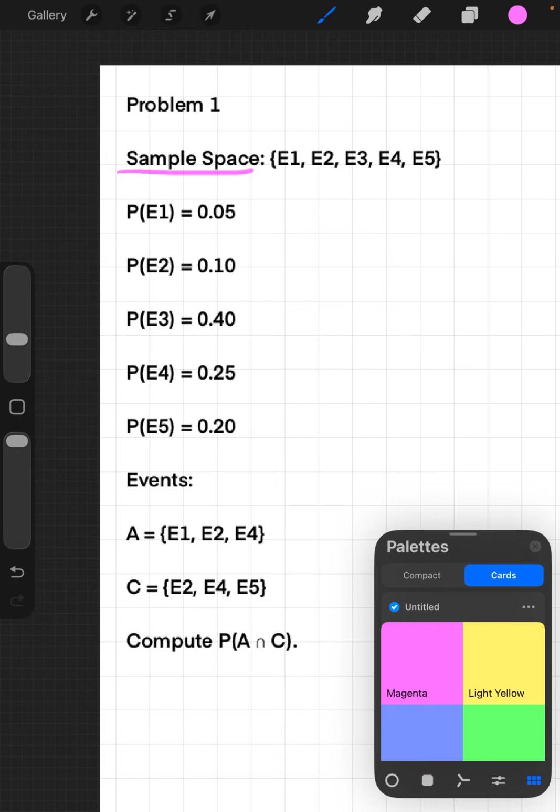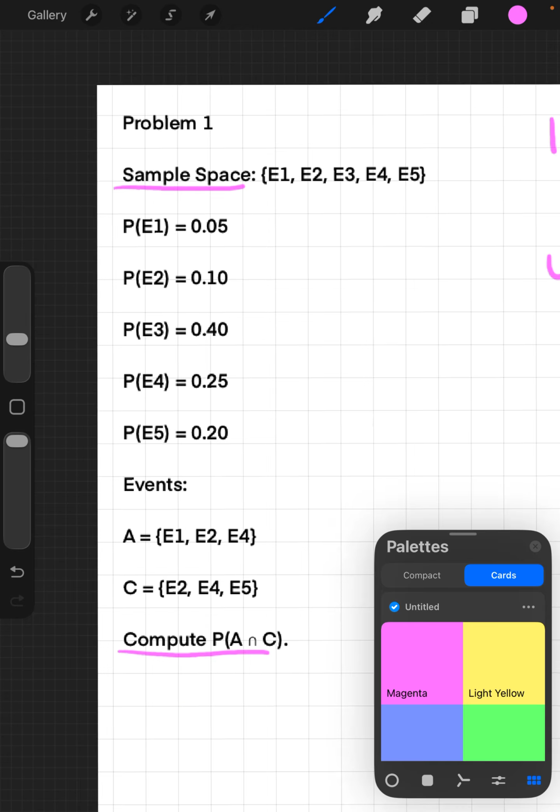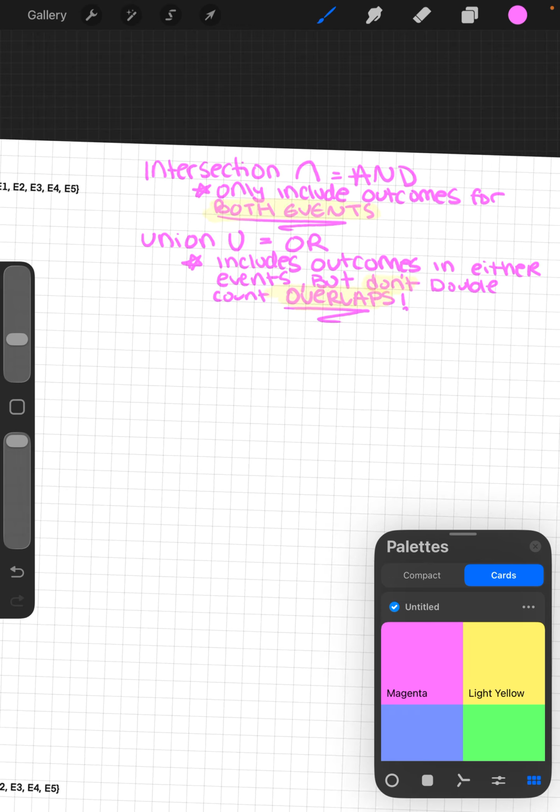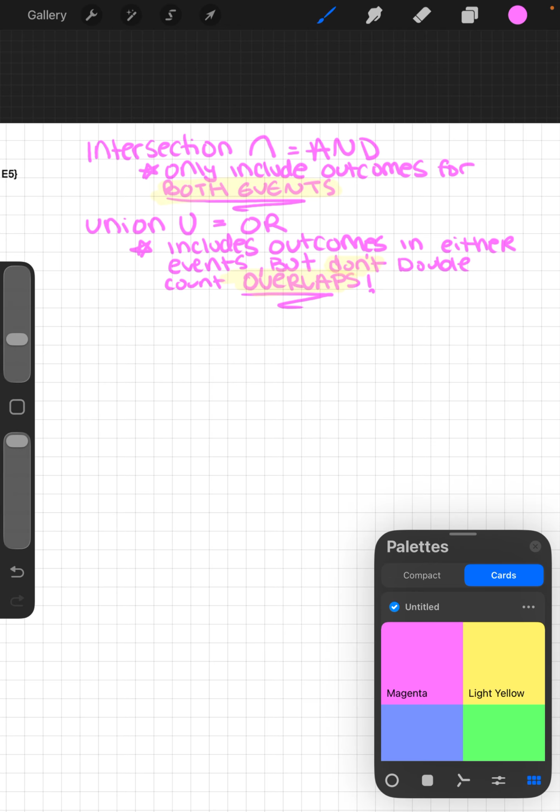These are probabilities, and they want us to know how to do this intersection. I do want to talk about the difference between intersection and union. You can think of the intersection as a sad face and the union as a happy face.